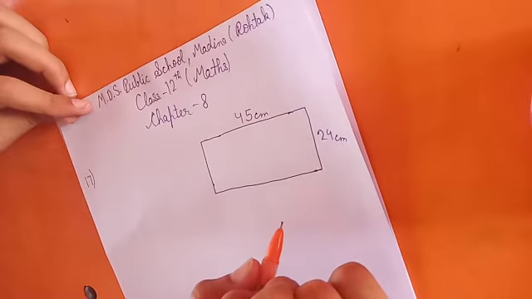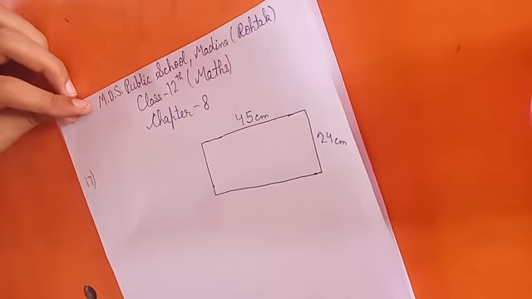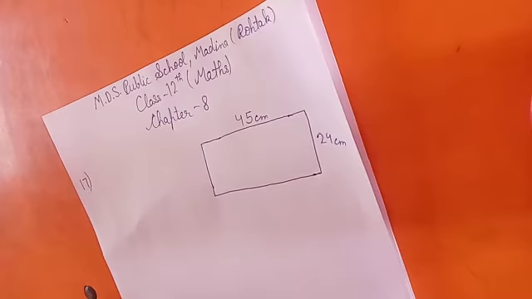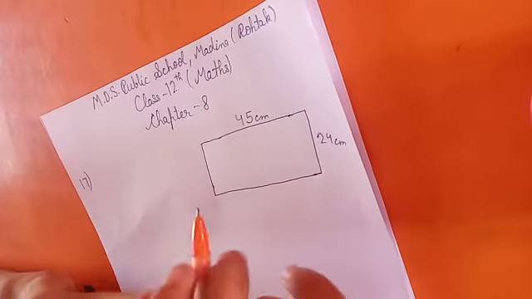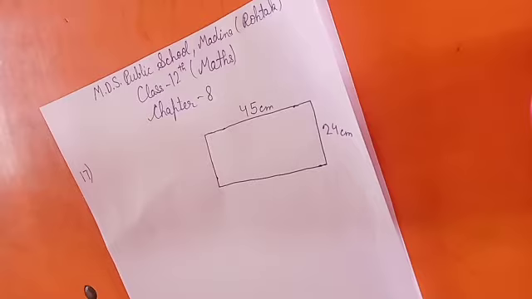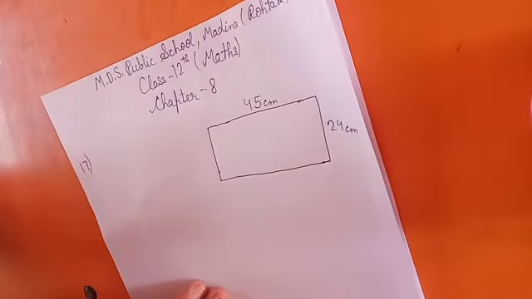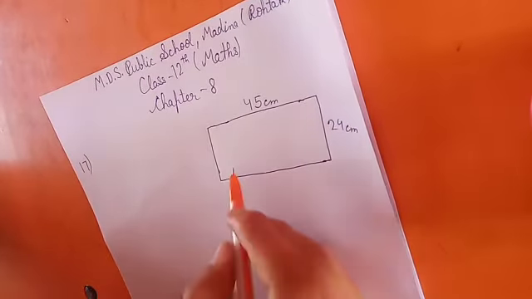It is to be made into a box without top by cutting off squares from the corners and folding up the flaps. Means from this we have to make a box without a top, means it has 5 faces, and to do that we have to cut squares from each corner.